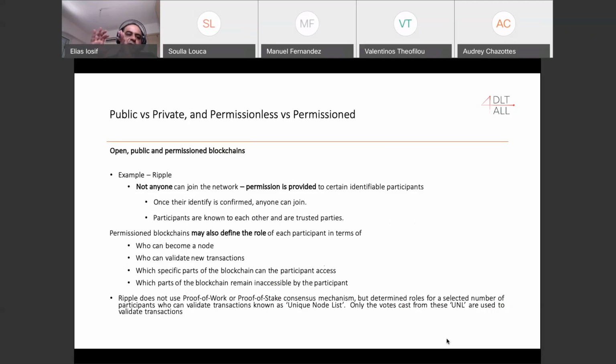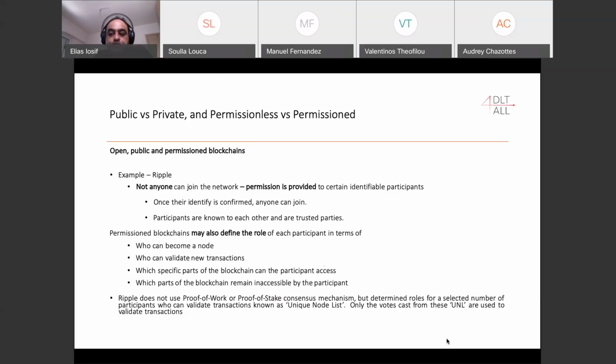So just to give the basic idea here is that actually you may join after approval the network, but there is another level of authorization in order to be one of the nodes that validate the transactions. You need to be included within the UNL, the unique node list, which is even more difficult.